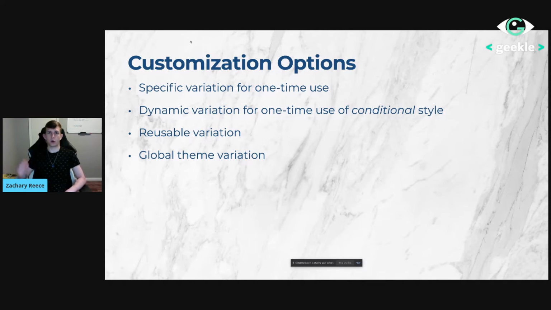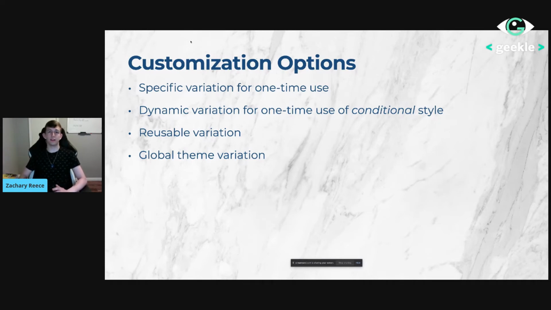Just a quick one-off. Then there's a dynamic variation, for a one-time instance of a conditional style. You still need it just one time, but the style is now conditional. You could say if X, then be the color blue, or if Y, be the color green. That's a conditional style.